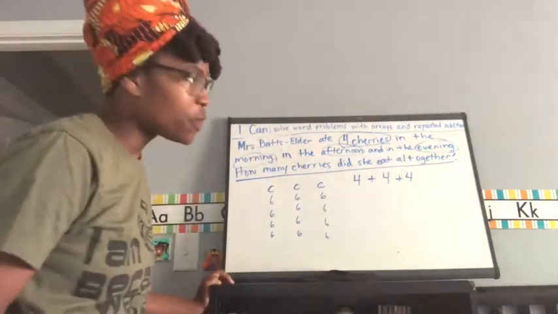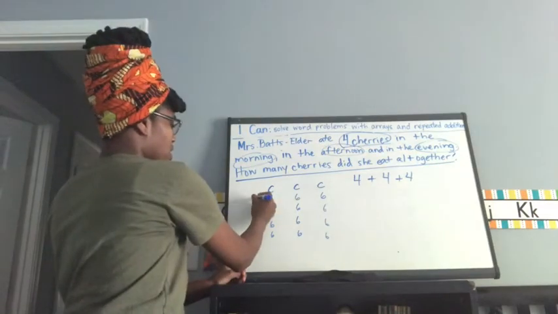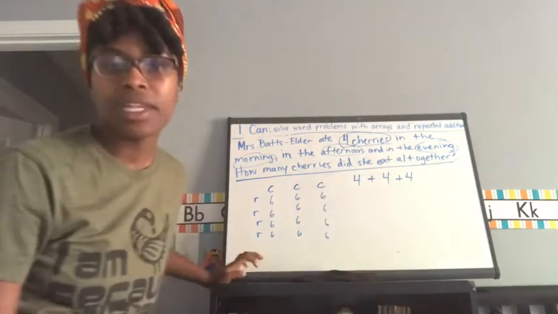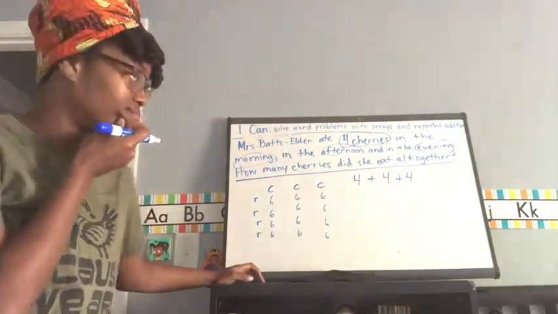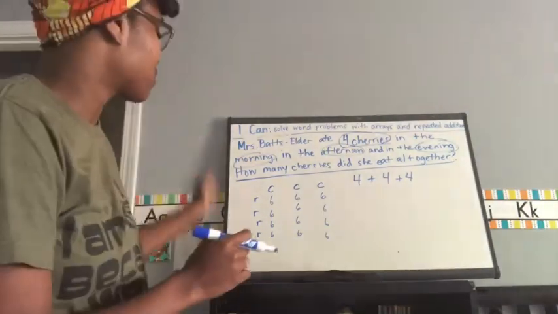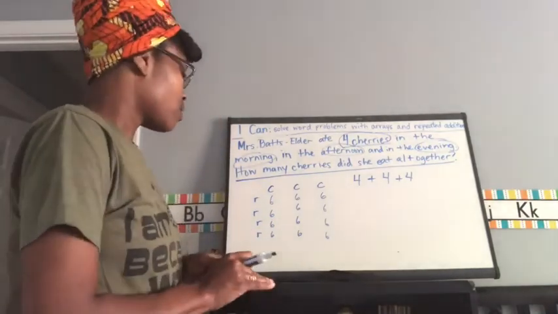However, if we're looking at the rows going straight across, there are 1, 2, 3, 4 rows. How many cherries are in each row? 1, 2, 3. Because I know they're equal groups, I don't have to count how many are in each. I just have to look at one of them.